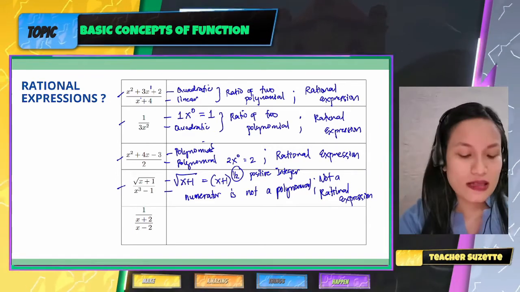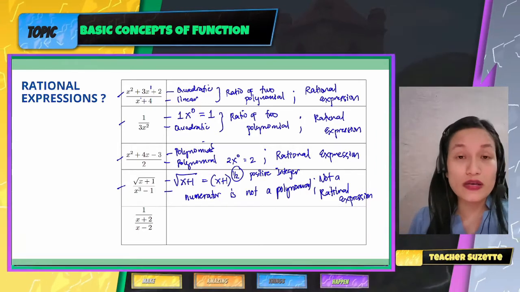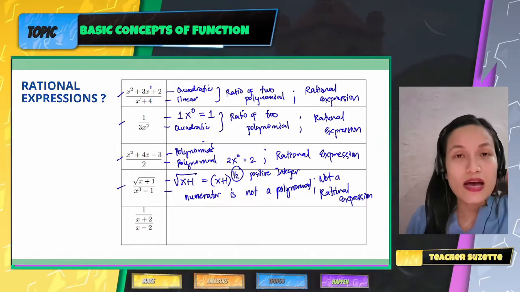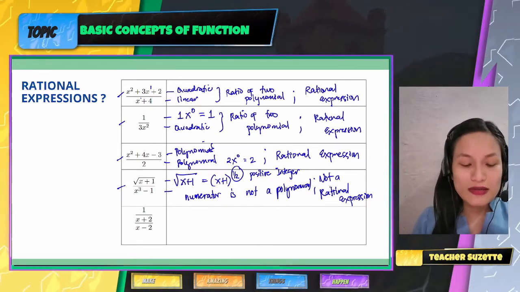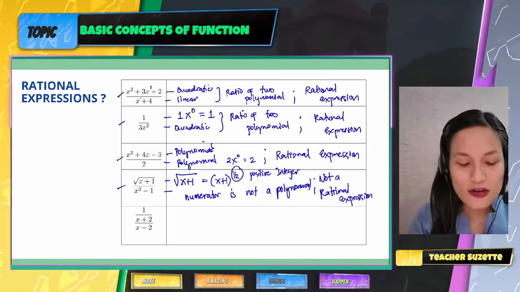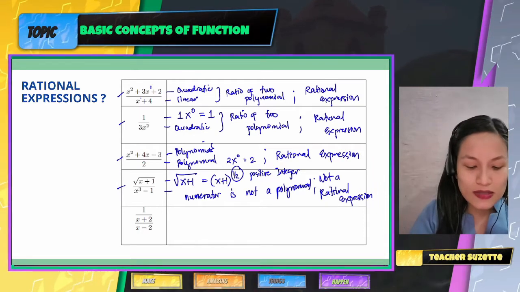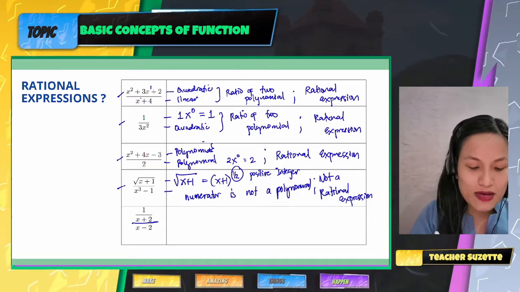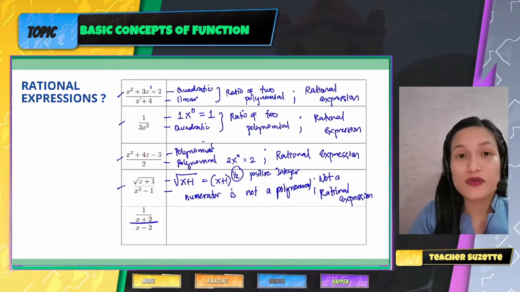Now, for the last example, malilito kayo kasi yung ating bar ay parehas pantay, no? Pero actually, that is an example of a complex fraction. So, dapat yung isa dito ay mas mahaba kaysa dun sa bar nung isang fraction.